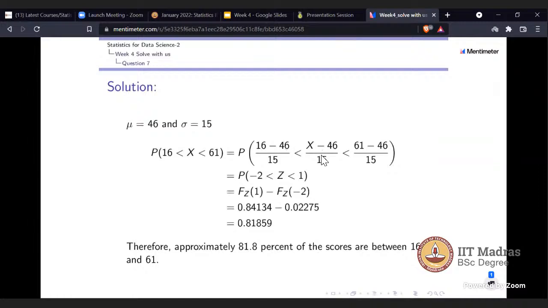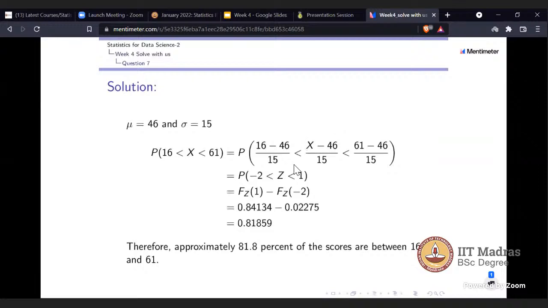So to make it in the standard normal form, what we do is we subtract the mean from the random variable and divide it by the standard deviation. So from both the sides, you have to subtract the mean, which in this case is 46. So you're subtracting both sides by 46 and dividing by the standard deviation, that is 15. So (x minus 46) divided by 15 will become the standard normal 0, 1.